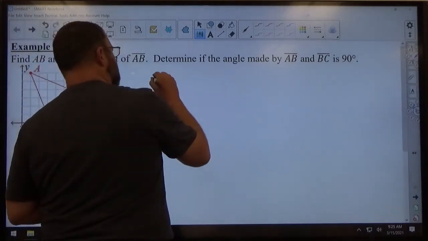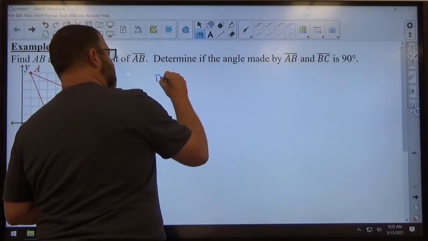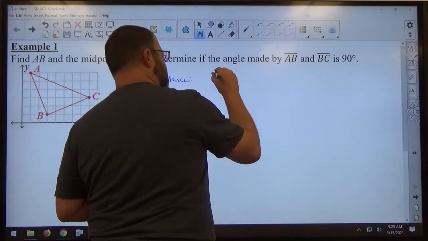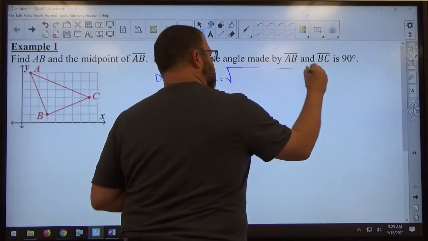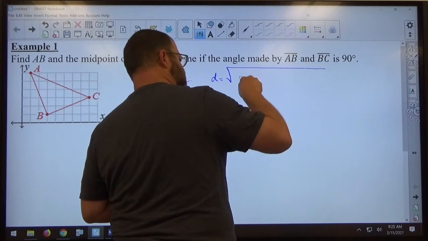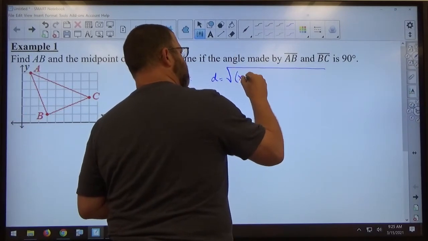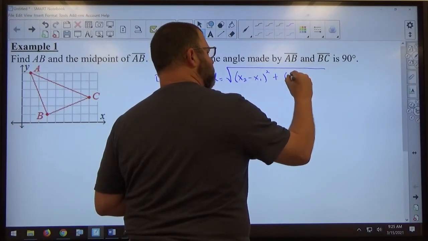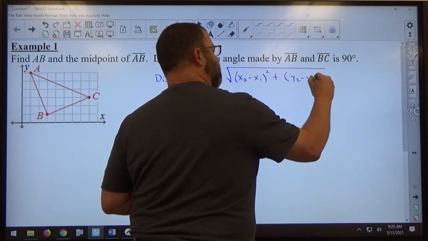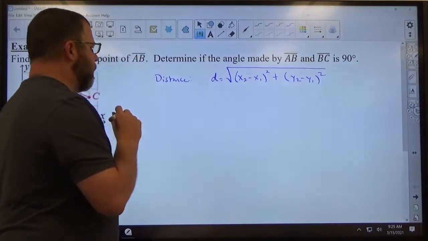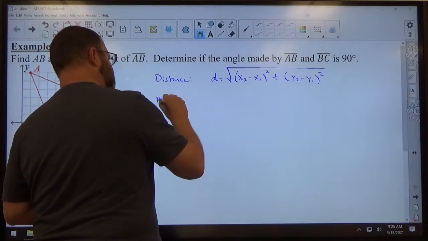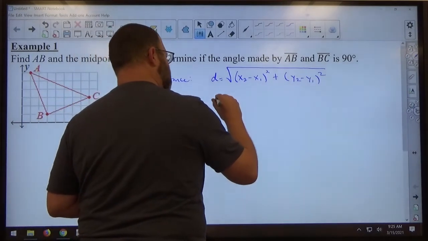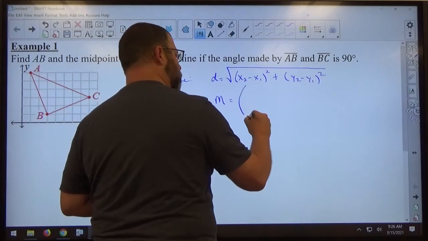So the distance formula between 2 points in the plane says that the distance equals the square root of the difference in the x's squared plus the difference in the y's squared. Midpoint formula tells us the midpoint is going to be an ordered pair.